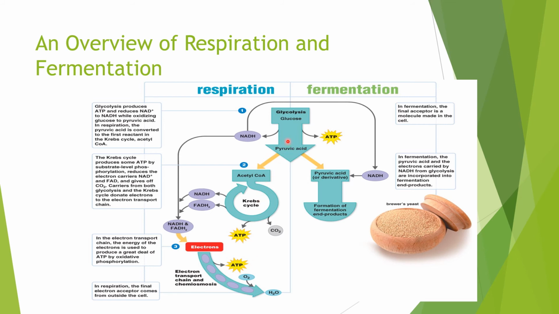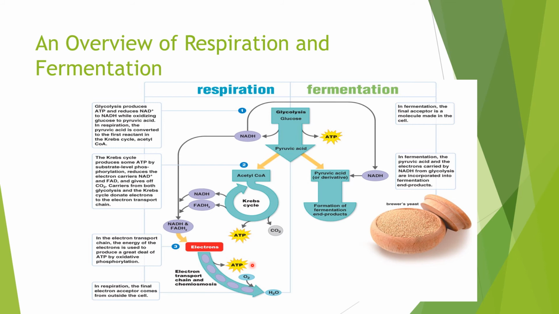So during glycolysis, as we said, about 2 ATPs are produced, and then during the Krebs cycle, another 2 ATP molecules are produced. So far, that's a total of 4 ATP molecules produced. As we said, during aerobic respiration, a total of 32 ATP molecules are produced. So that means to reach 32, we need to produce 28 more.